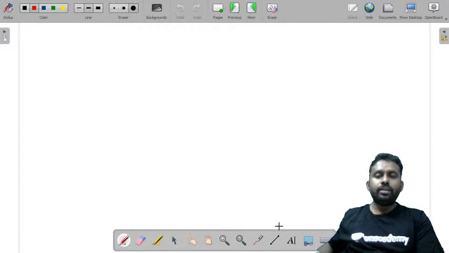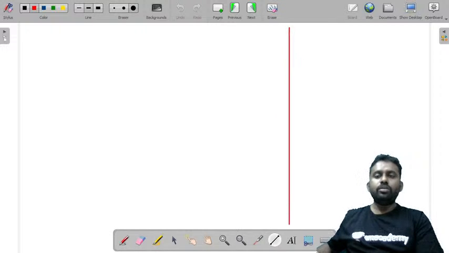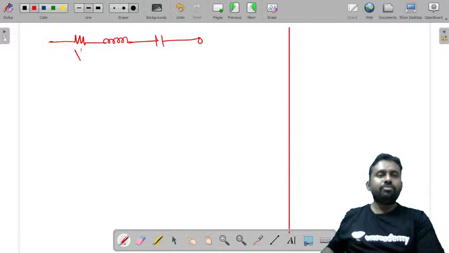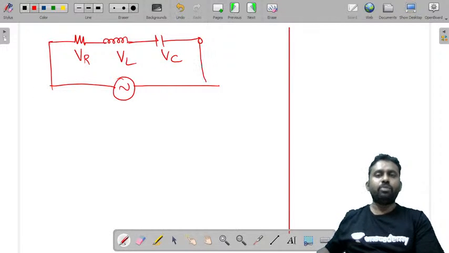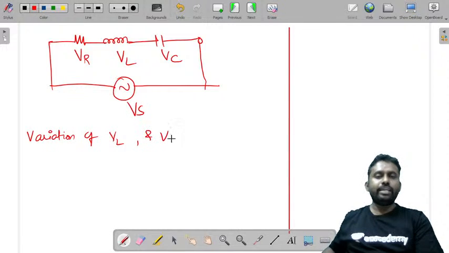Now, let me tell you about this, because you have a resistor, inductor, and a capacitor. There is some voltage across the resistor, voltage across the inductor, and voltage across the capacitor, and there is also a supply voltage Vs. Now, what is the variation of the voltage across the inductor and the voltage across the capacitor with frequency?